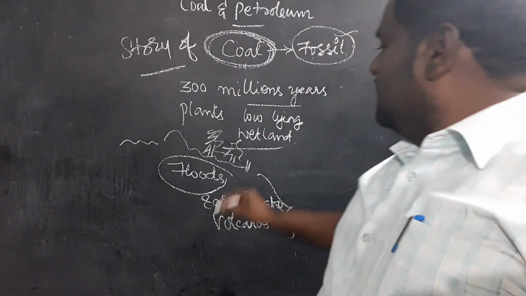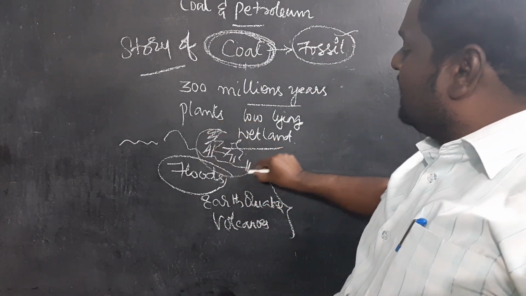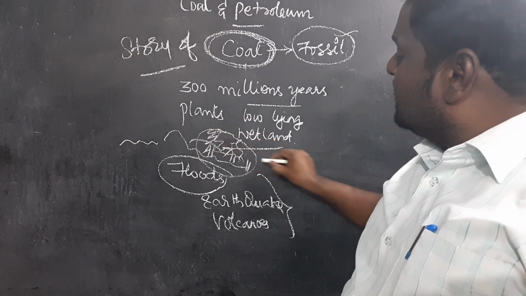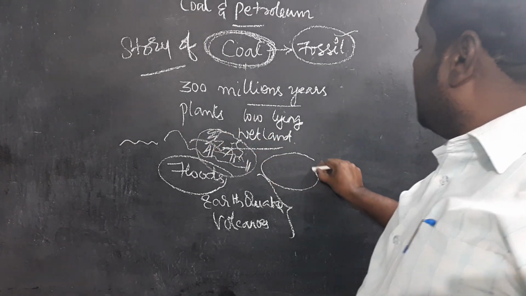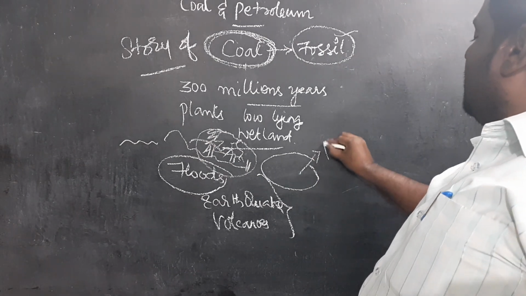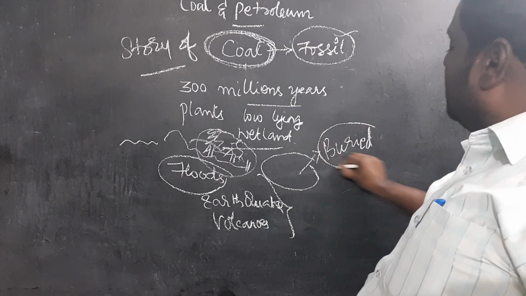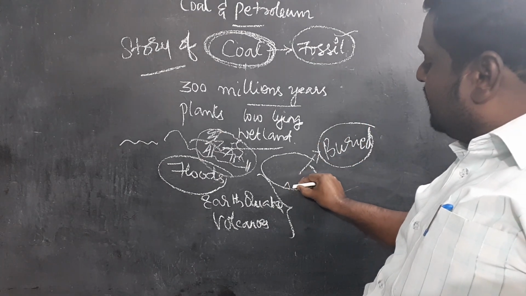So what happens? These plants and trees, due to these natural calamities, have been buried under the earth. It is buried, not burned. It is buried under the earth, sedimented under the earth.